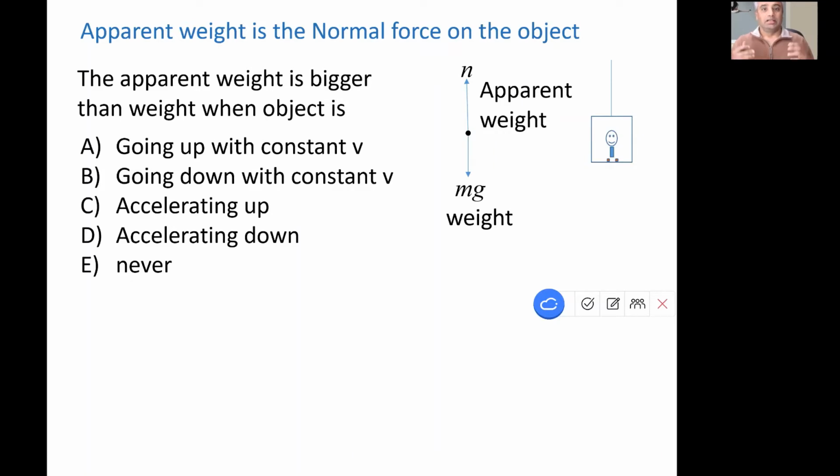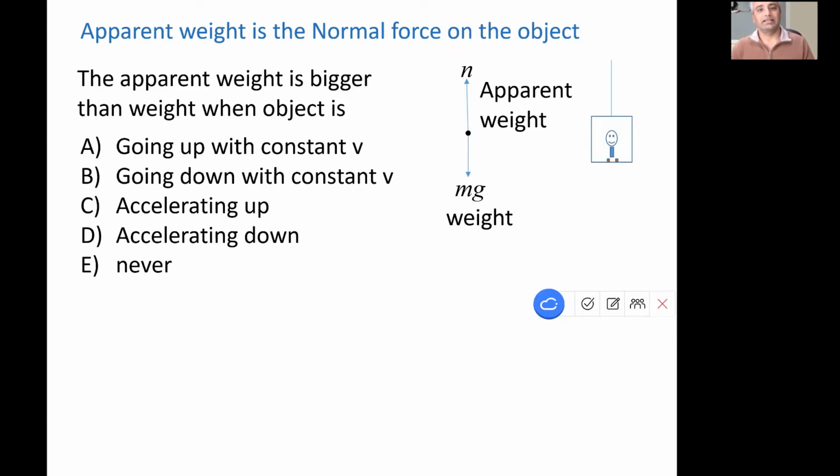So when you are in an elevator, just like you saw with that candy, the weight of the candy changed a little bit when the elevator was stopping. So there was acceleration.